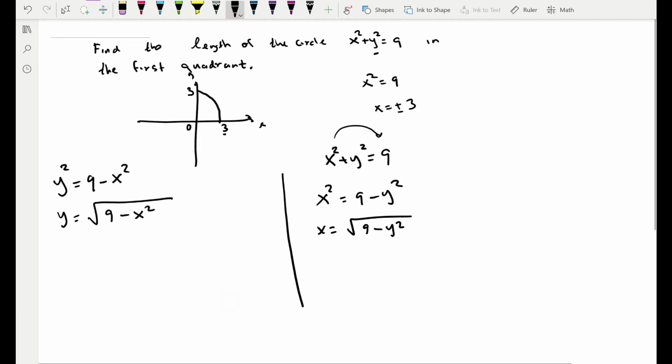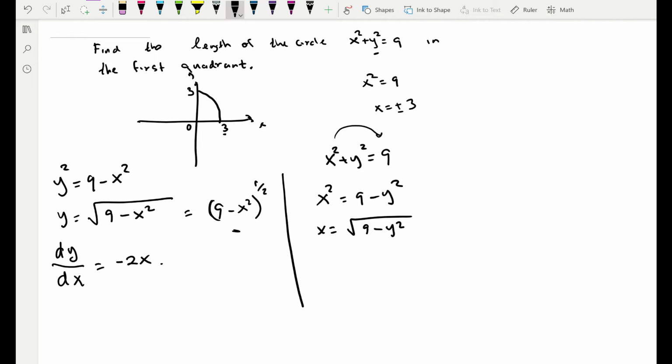Now let's set up the integral, but we need to find the derivative. So here dy/dx. This is the same as (9 minus x squared) to the half. This is a composite function, a function inside another function. So first you take the derivative of the inside function. If you differentiate 9 minus x squared, you get minus 2x.